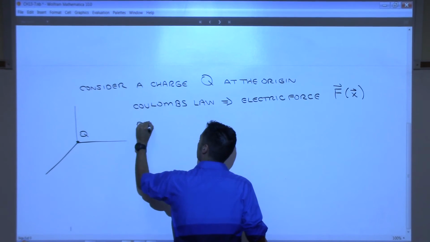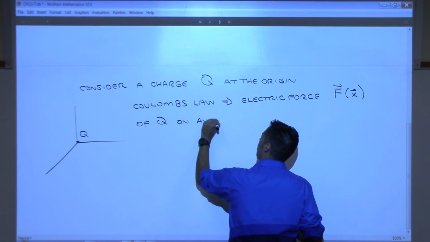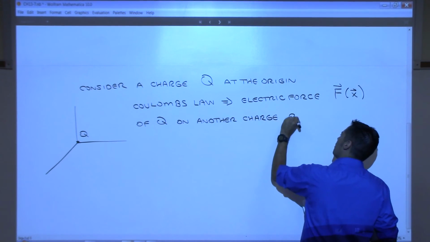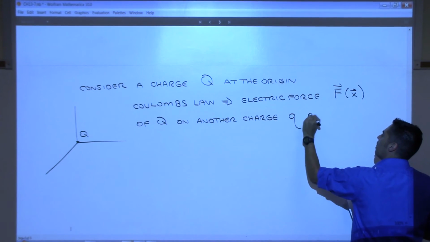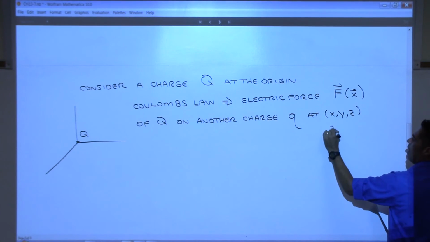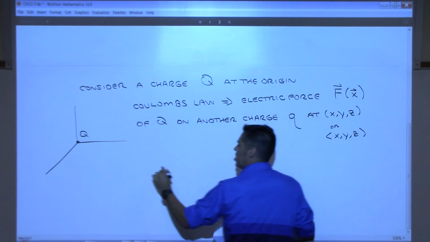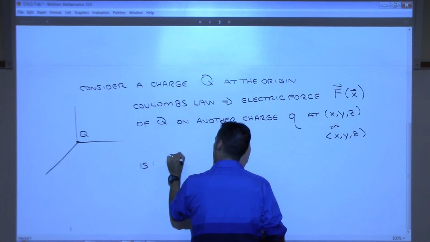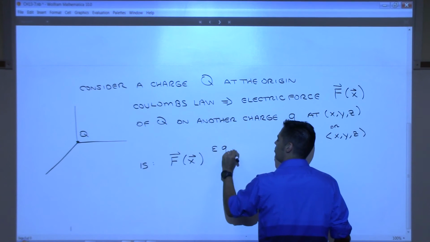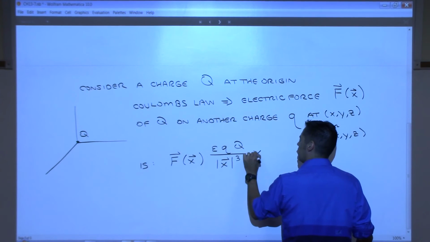The force of Q on another charge, lowercase q, at the point xyz, or if you'd like, you can look at that as a vector xyz, is equal to epsilon Q, capital Q, over magnitude of x cubed times x.